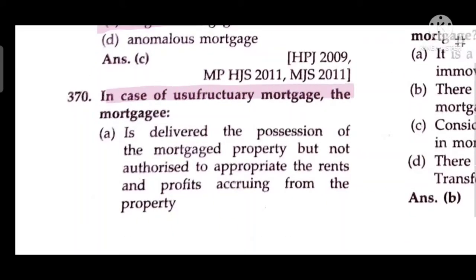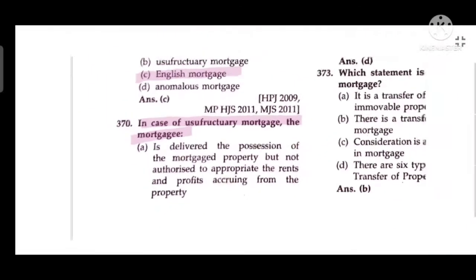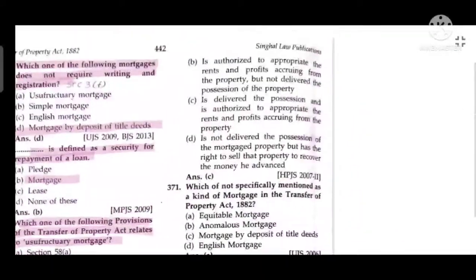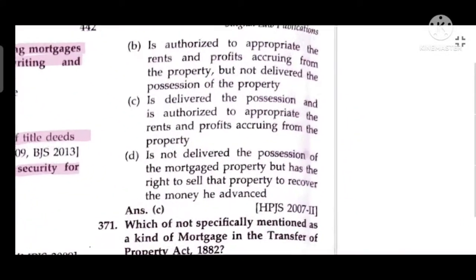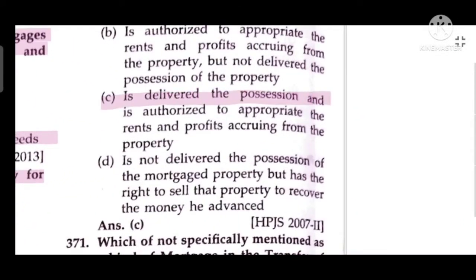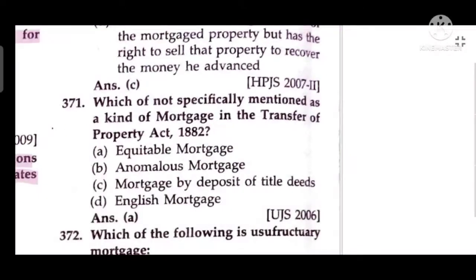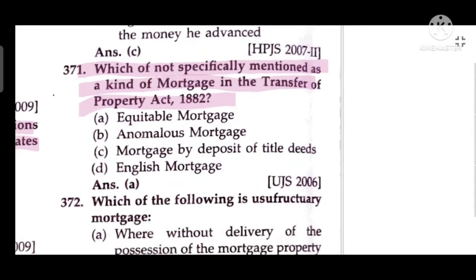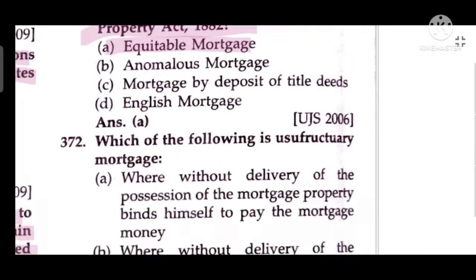In the case of usufructuary mortgage, the mortgagee is delivered the possession and authorized to appropriate rents and profits accruing from the property. Which kind of mortgage is not specifically mentioned in Transfer of Property Act 1882? Equitable mortgage.